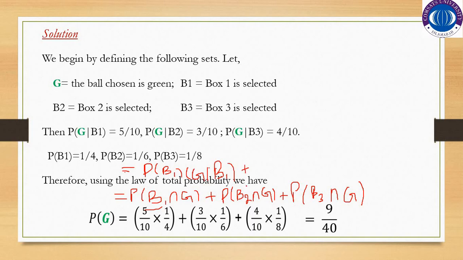Plus, you can open these two as well. Selection of box 1 is 1 by 4 into green ball from box 1 is 5 by 10. Similarly, this scenario is 1 by 6 into 3 by 10, and this scenario is 1 by 8 into 4 by 10. We will add all these situations by applying the total law of probability, which will give us 9 by 40, which is the probability of selection of the green ball.